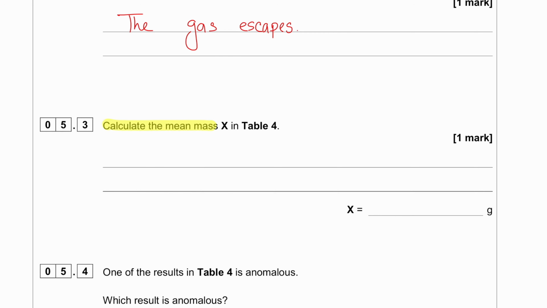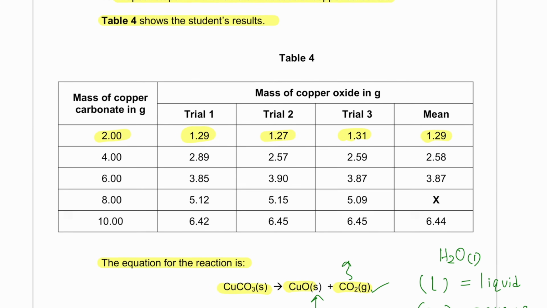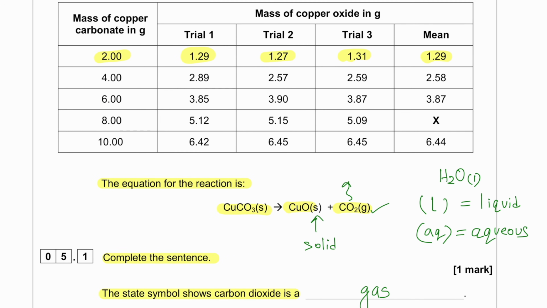5.3. Calculate the mean mass of X in table 4. In table 4, let's see the values. We have 5.12, 5.15, and 5.09.